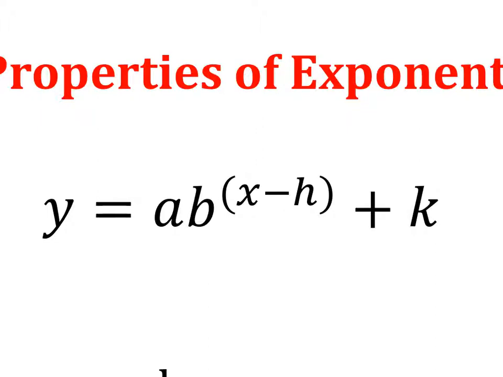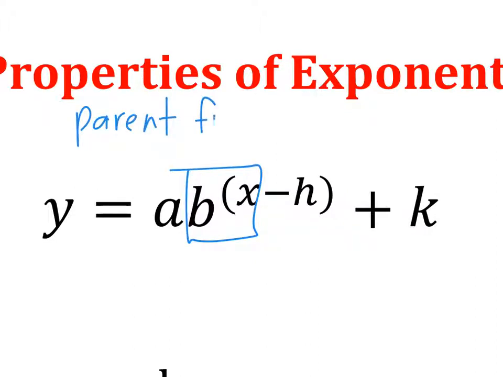First of all, we have to figure out where the parent function is. Parent function is B to the X. Base to the X, that is the parent function. Hopefully remind ourselves what these letters mean.